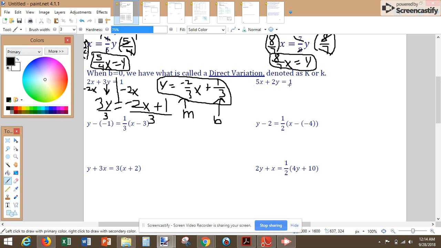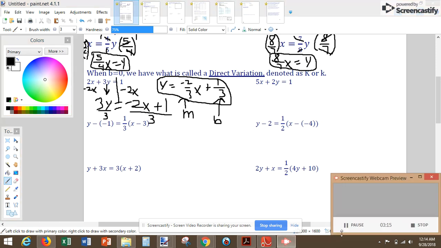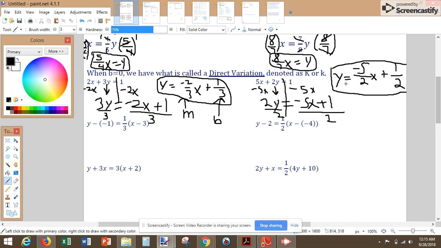Okay, pause the video. Try 5x plus 2y equals 1. Solve for y. Your answer is y equals negative 5 over 2x plus 1/2. So we do something similar to the other example.